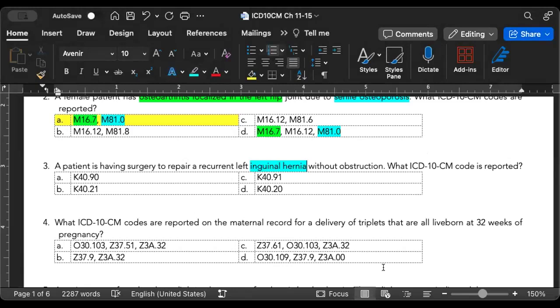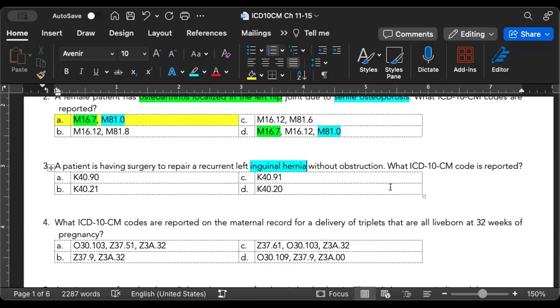Underneath inguinal, we will then go to unilateral because it's only present on the left-hand side. Since we do not have obstruction, then we will just go down to recurrent.